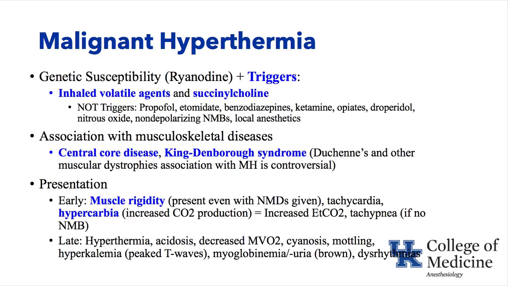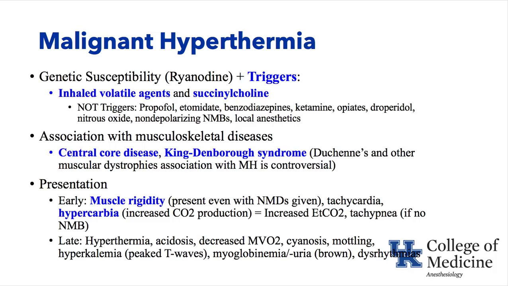So you put them to sleep with inhaled volatile anesthetic with or without succinylcholine, and you give them rocuronium at some point, and you think they're going to be paralyzed, but their muscles are very rigid. Remember that neuromuscular blocking agents act at the postjunctional membrane, while this disease is in the muscle itself. And so you can be rigid even in the presence of non-depolarizing neuromuscular blockade.